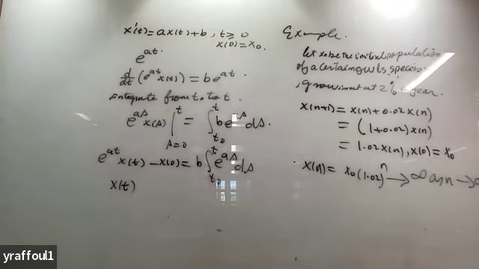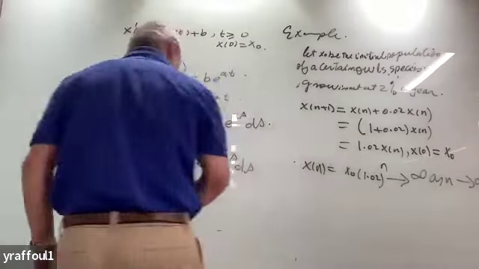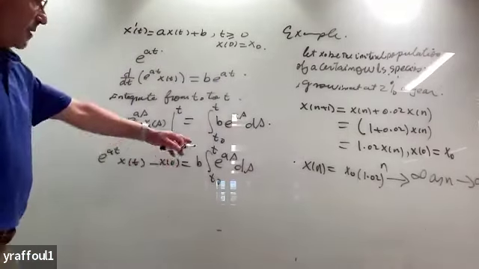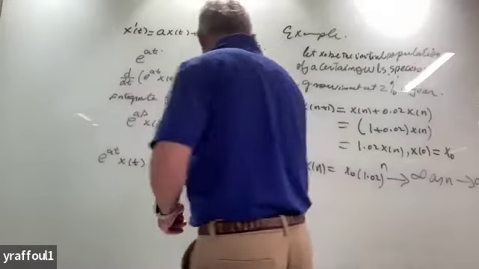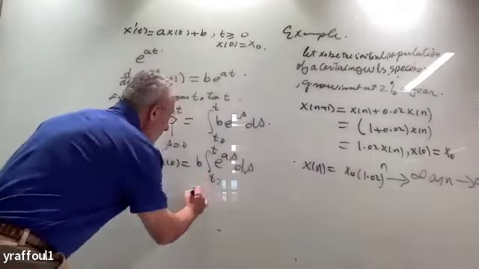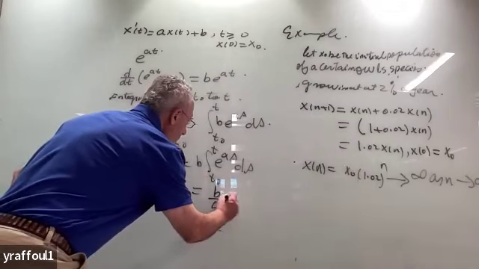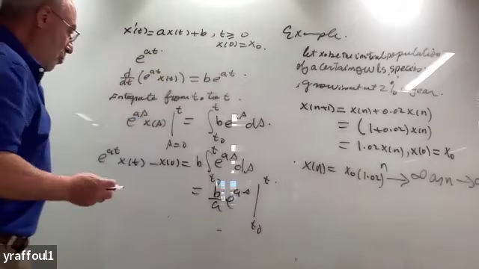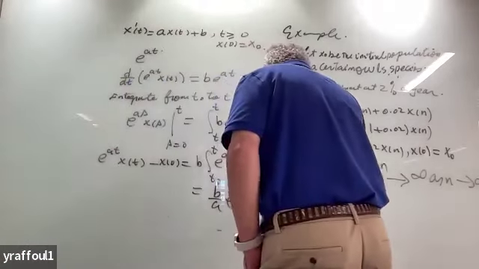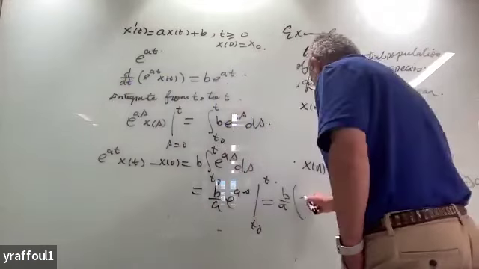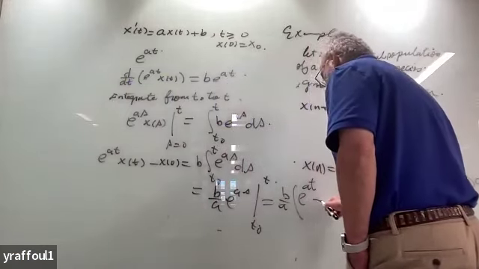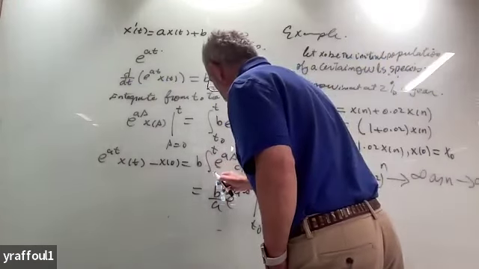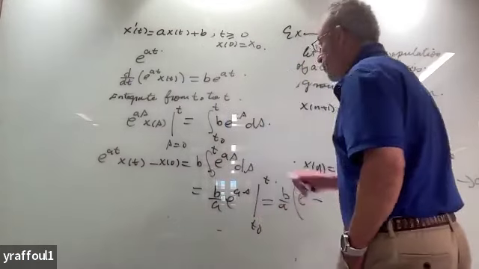And what is the integral? I mean, we can easily integrate this one. e to the as. So this is b over a e to the as from t0 to t, which is b over a e to the at minus, oh, okay, t0 is 0 here. T0 is 0, sorry.